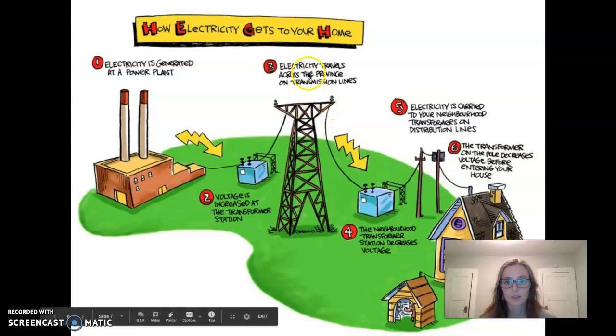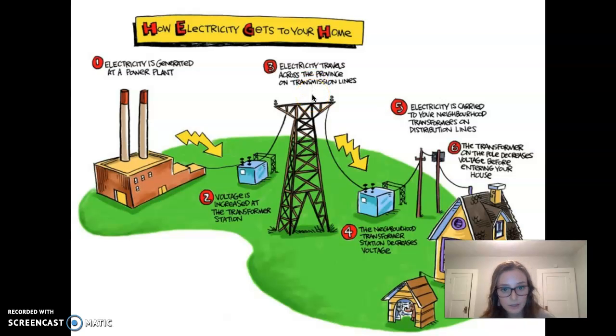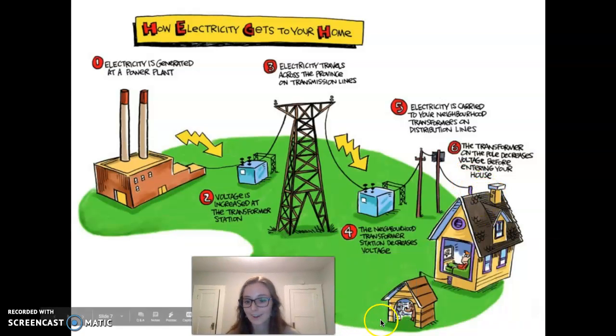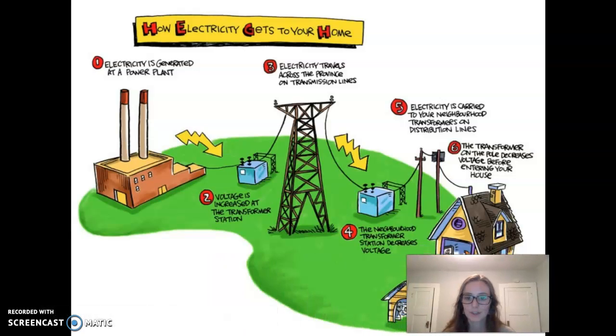Electricity travels across the province on transmission lines, and then the neighborhood transformer station decreases voltage, so it goes down again, and then it's carried to your neighborhood, and then lights your house, and if your dog's lucky, it lights your doghouse too. So that's just showing the flow of electricity throughout the wires.